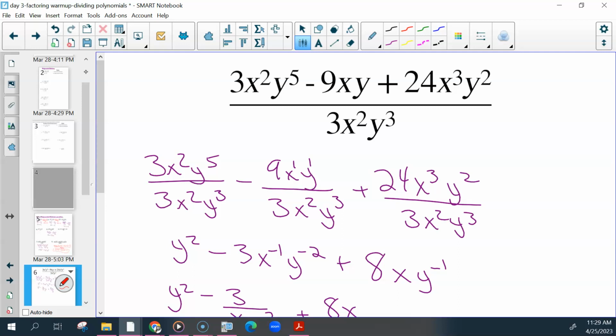I heard 3 and x. And any y's? Yes. How many? So 3xy. If we divide that out of these 3, what's left?